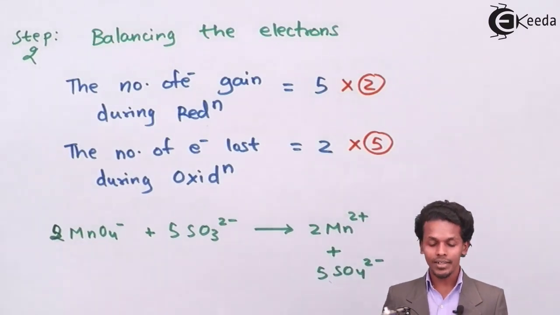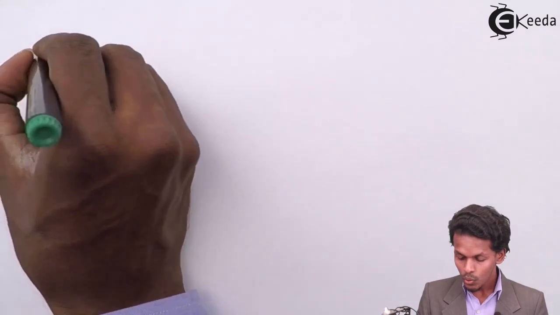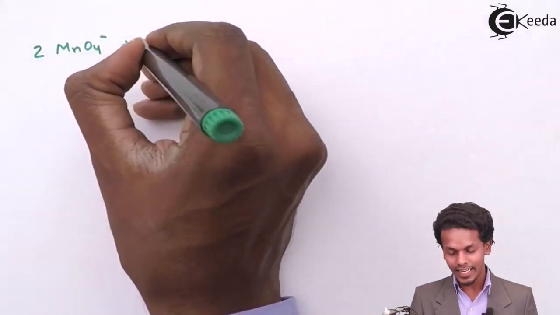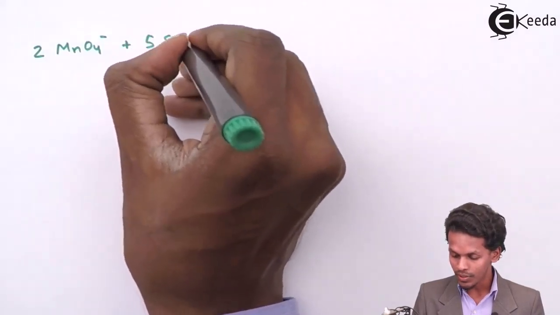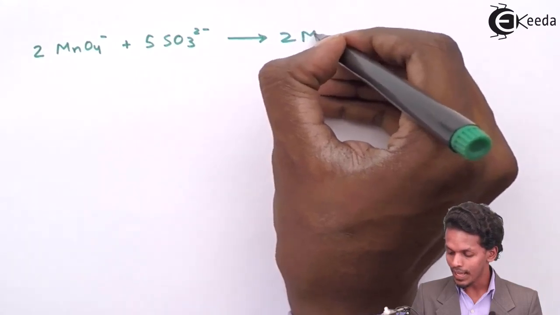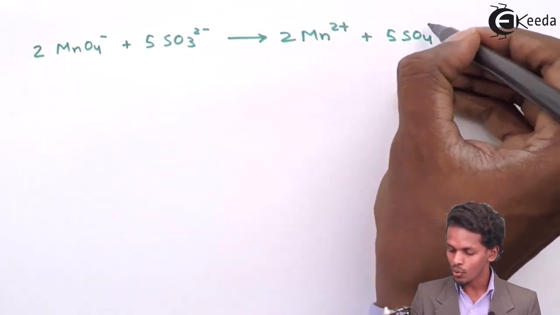So what we'll get? We will get 2 times MnO4 minus reacted with 5 times SO3 2 minus, which gives us 2 times Mn2 plus 5 times SO4 2 minus.